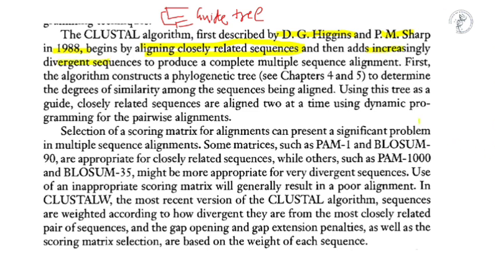First they align the closely related 90% similarity sequences, then 80% similarity, then 70%. So they add the less similar sequences next to that alignment.